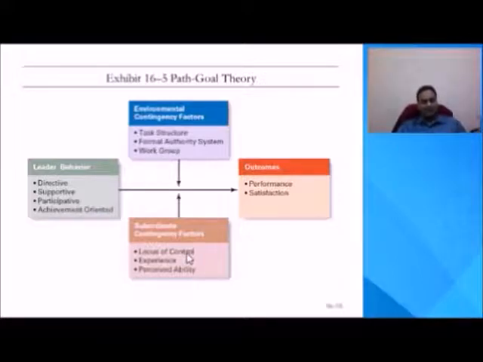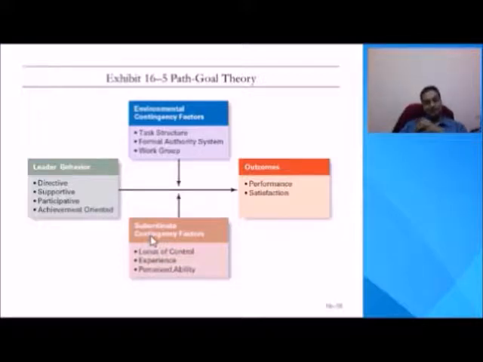So unless you understand the factors which affect them, you will not be able to manage or to lead properly. So you have a leader behavior, and then you have the outcomes, and these two factors, one is external and another is internal. They moderate or affect the leadership behavior and the outcome.